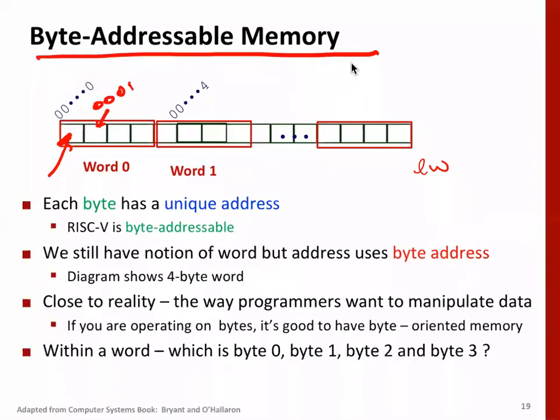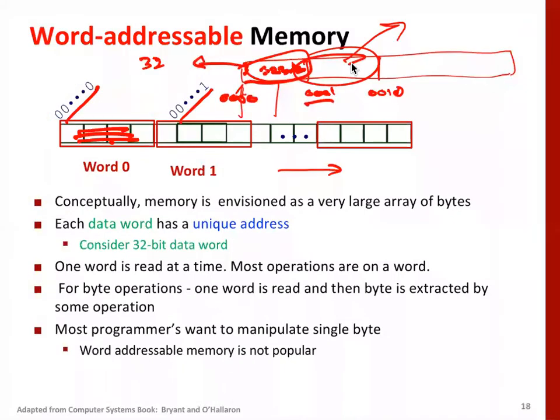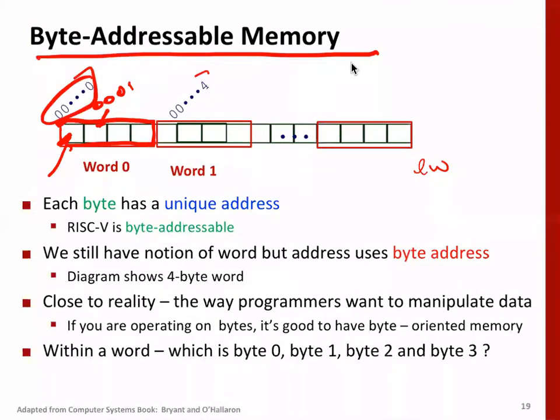So you can read 4 bytes together, starting at byte address 0004. Now if you want to read the second word, in the earlier case the address was 0001, but here, since it is byte addressable, the second word starts from address 0004, and so on.